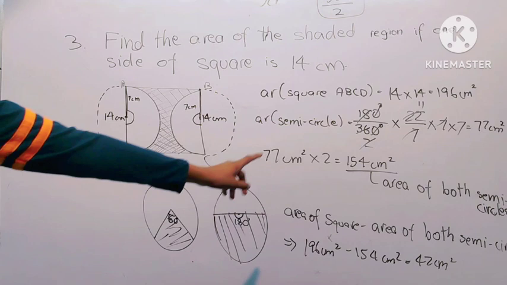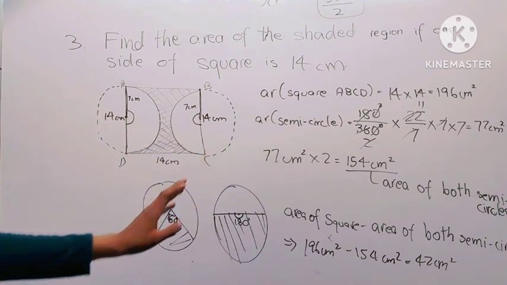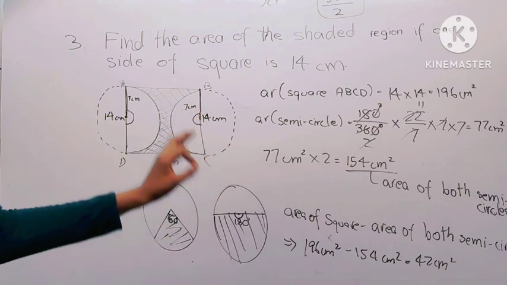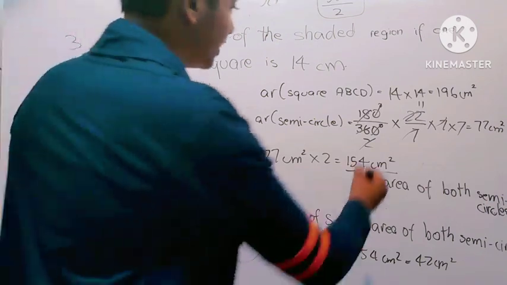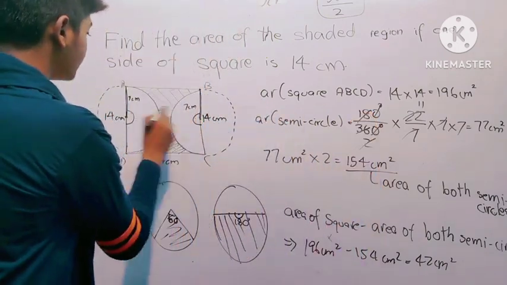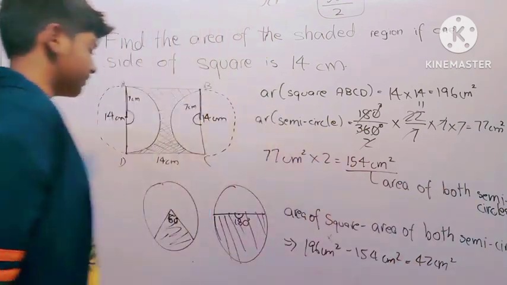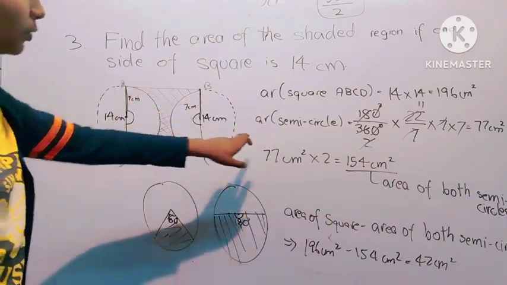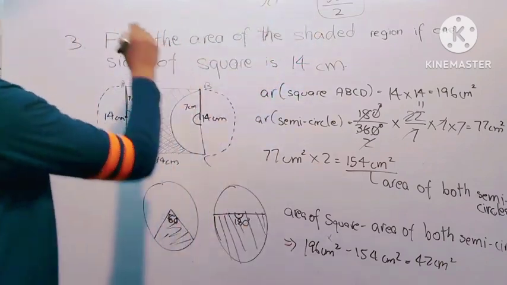you would always use the area formula theta by 360 multiplied by pi r square. Look, what was theta? It was 180 degrees in both cases. So 180 by 360 multiplied by pi into r square, which is 7 into 7. That is why I used this formula. I could have also used the other formula, so let me solve it using that.